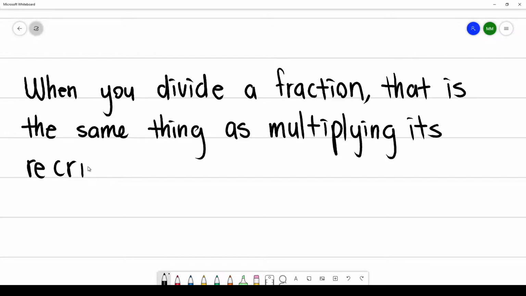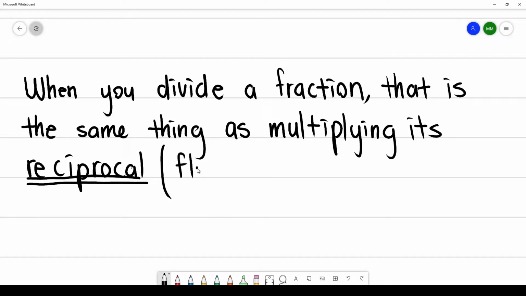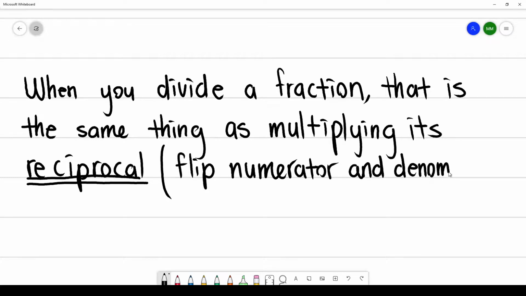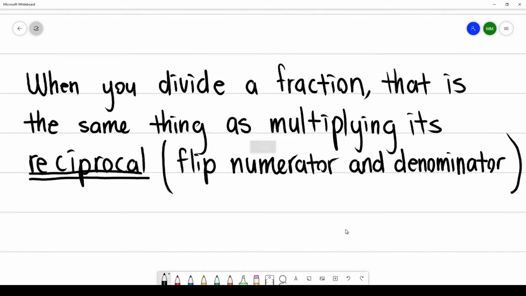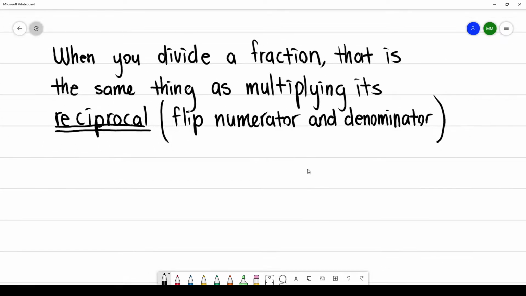Reciprocal, yeah. That is how you spell it. So flip the numerator and denominator. And that's all I want you guys to do. Okay?